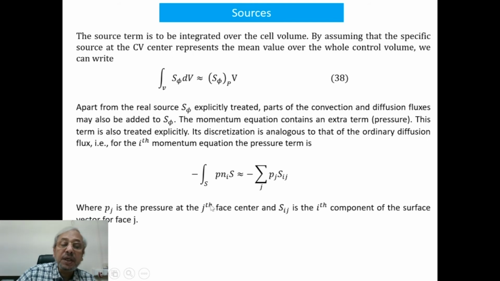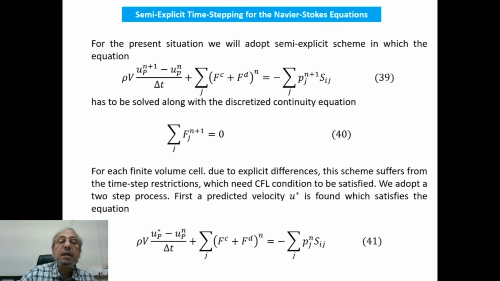Pj is the pressure at the jth cell center and Sij is the ith component of the surface vector for the face j. This is relatively easy to handle.